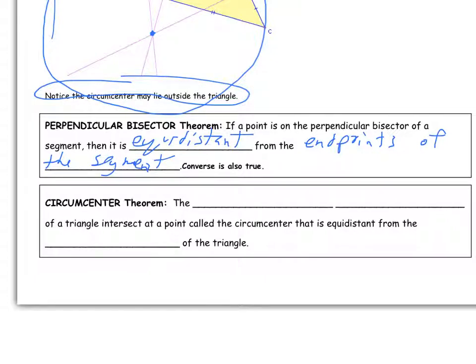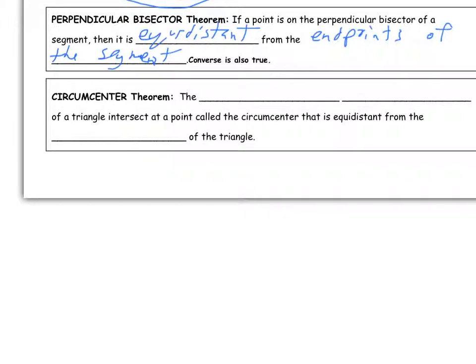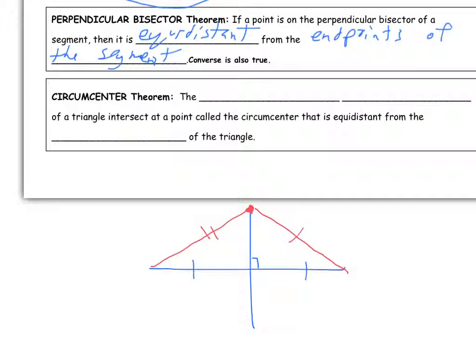What that means is if I have a segment and a perpendicular bisector, and I have a point on the perpendicular bisector, then that point is the same distance to either of the endpoints, making this segment and this segment congruent. That's what the perpendicular bisector theorem says.